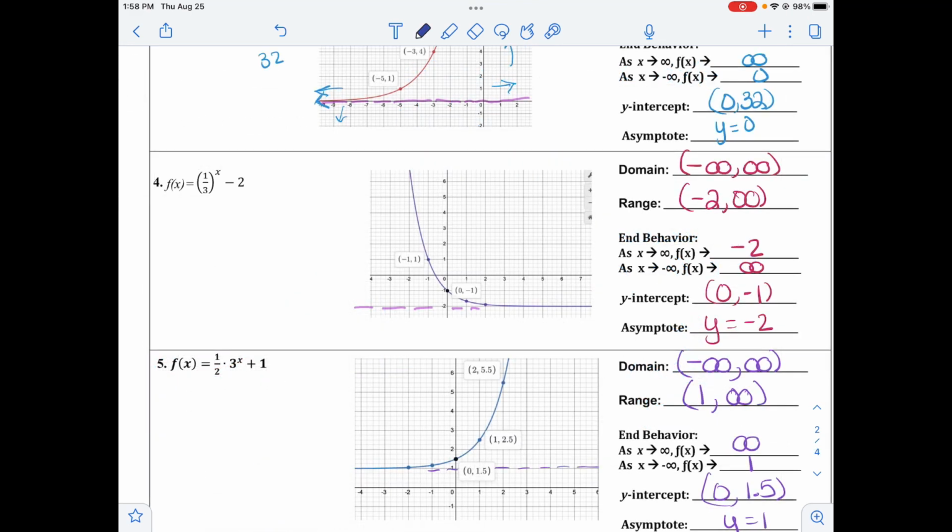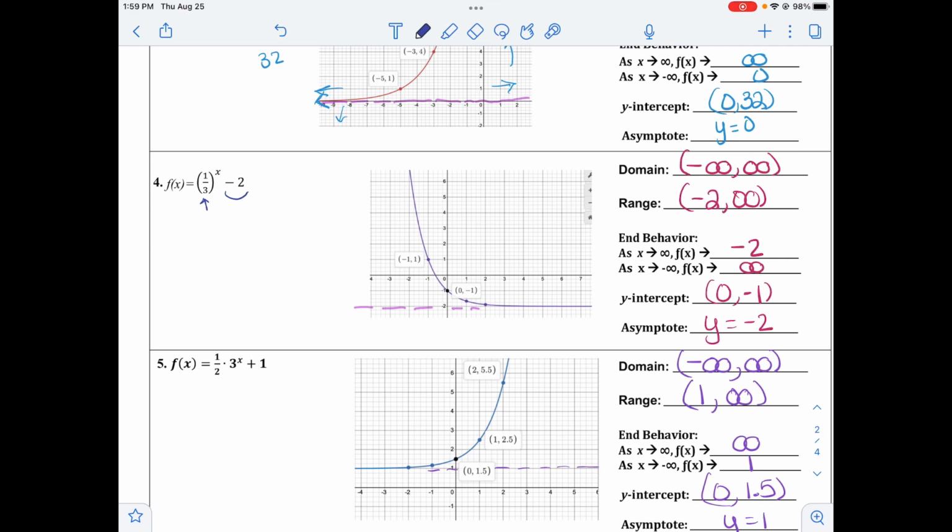For number 4, I marked our horizontal asymptote at y equals 2, so that gives us pretty easy to see. I want you to kind of make the connection here. If we look at what pieces we have, our base here, that's our b. So we kind of know that that's our factor, that's how things are multiplying to get bigger. And then we have attached out here to the side, not with the h, but out to the side, in the k spot, we have a negative 2.